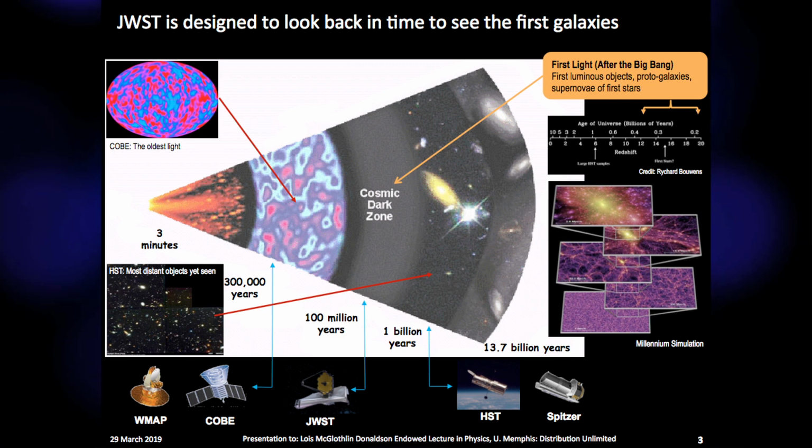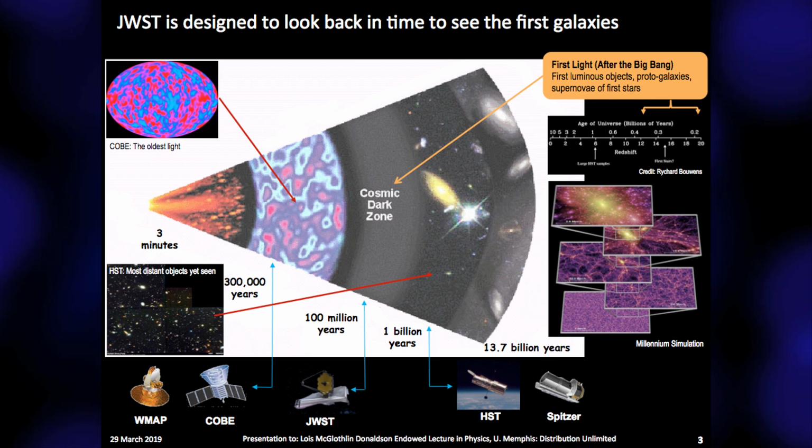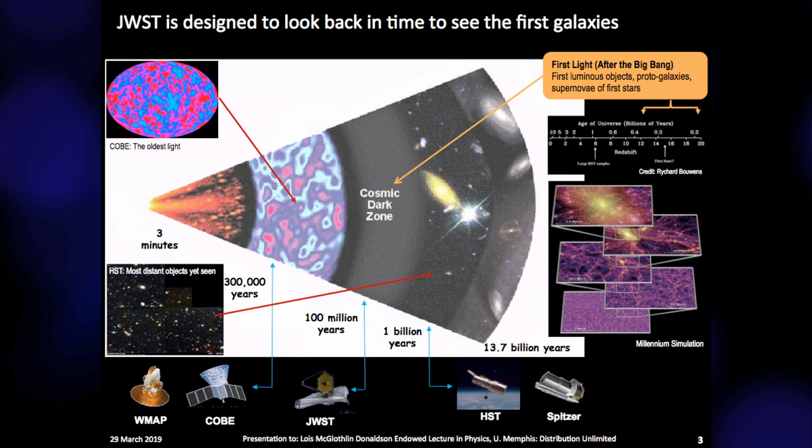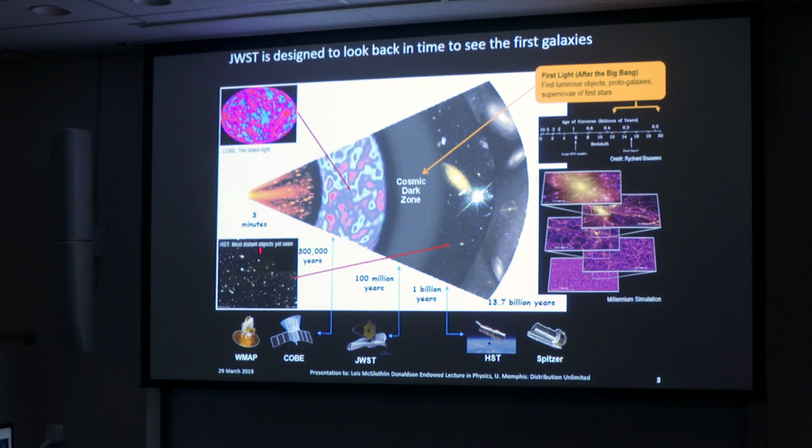Now, the James Webb Space Telescope was conceived in the late 1990s as a mission to connect the dots, if you will, between this famous image and this famous image in context of this cartoon of the history of the universe.